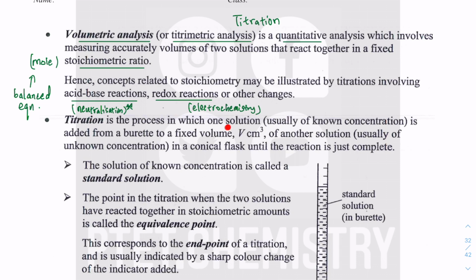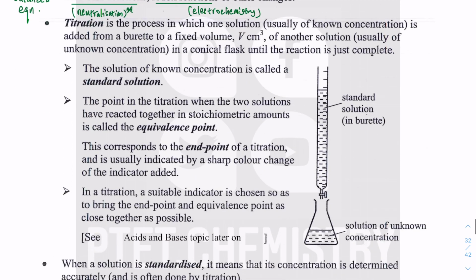Titration is simply when you mix one solution from a burette. You have a setup here. This burette is supported on a retort stand. You will be able to label this as a burette. This is a solution of unknown concentration. You use a pipette to take out a fixed volume of that particular solution.